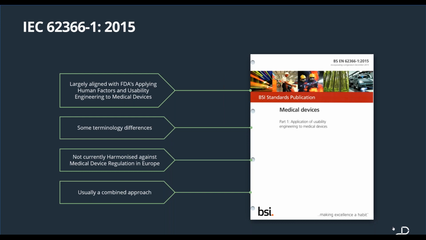There are some terminology differences between the two documents, but usually, if you're designing a new device, or looking at the device development side of things, a combined approach will meet the requirements on both sides of the Atlantic, providing that you're considering this document as you go.